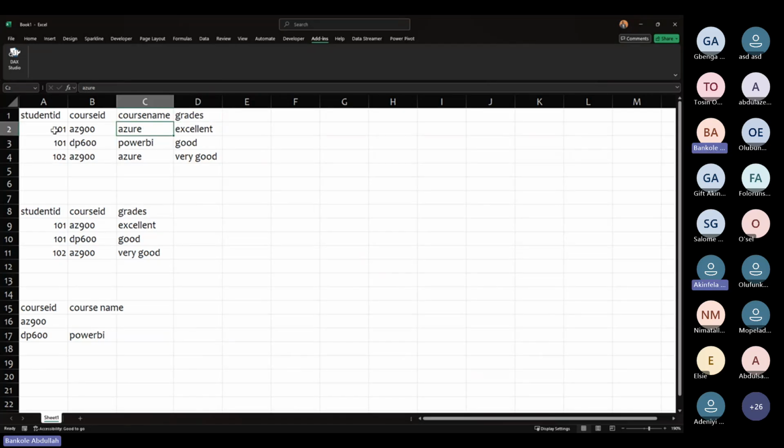You could have had 101, then Azure, Power BI, or AZ900, DP600 together, but we broke it down. So 101 is not appearing twice. So that 1NF has first gone away. Do you first understand that this is in 1NF?